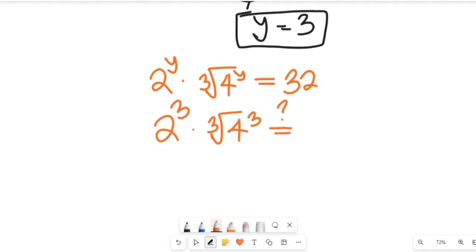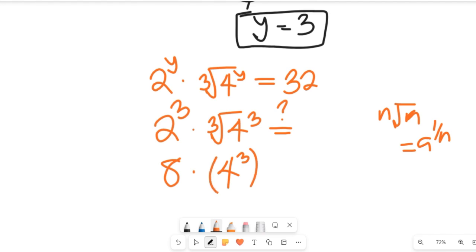So 2 to the power of 3 is going to give us 2 times 2 times 2, which is 8, multiplied by, remember, the n root of any value a is equal to a to the power of 1 divided by n. So we'll have 4 to the power of 3 multiplied by 1 divided by 3.